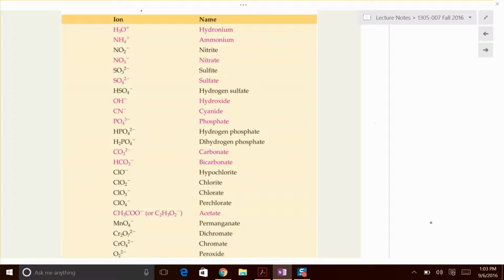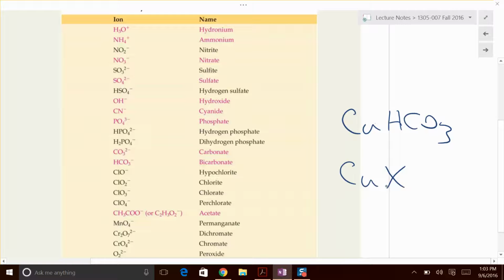Okay? That is common because, look, do you see this 3 down here? A lot of people think, oh, wait, that gets distributed, and that means I have 3 negative charges. You have to think of this as one entire entity. Copper HCO3, or copper X. This whole thing represents X, and I only have a -1 charge with it.